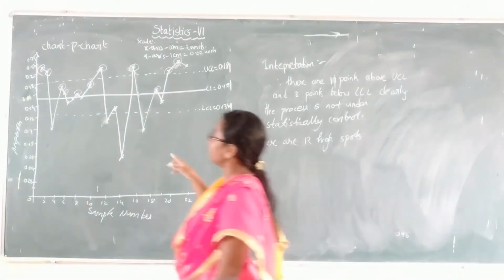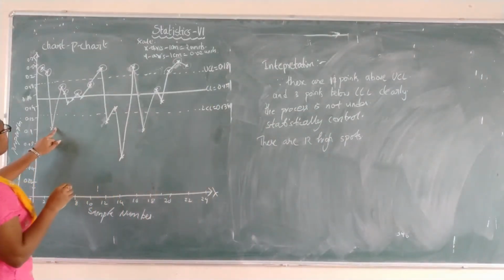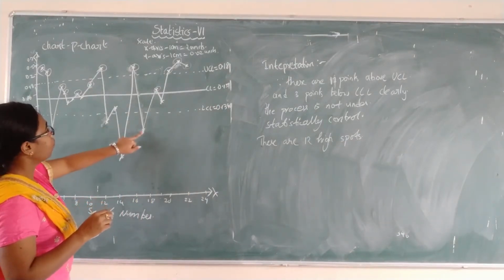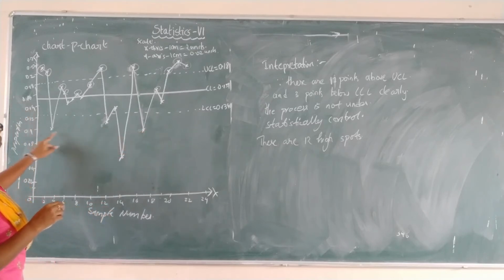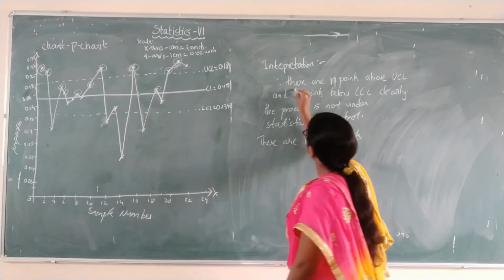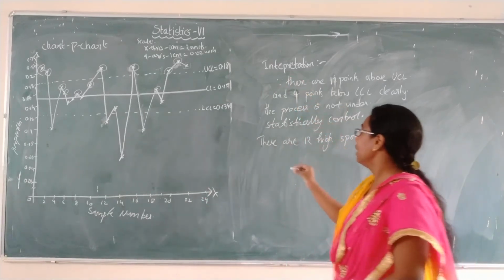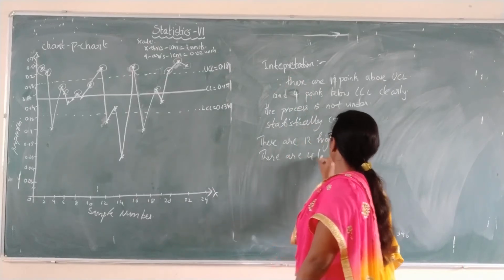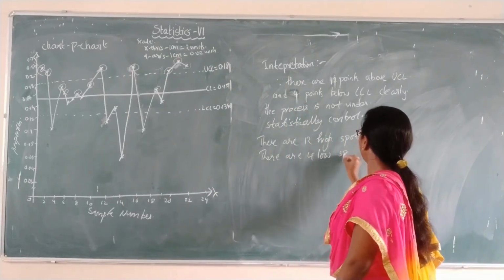Now see the LCL. 1, 2, 3, 4. Only 4 points are below LCL. That is, there are a total of 4 low spots.